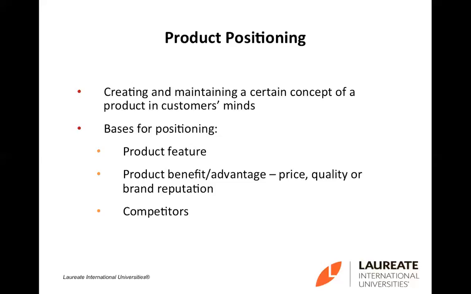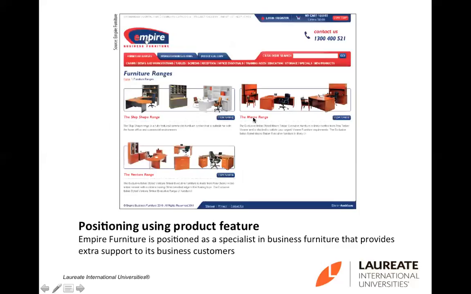Or you can position based on competitiveness, or competitive positioning. So you look at the positioning in the market, and you find the unique image in the market. That means you are using competitive positioning. This is an example of positioning using product feature.